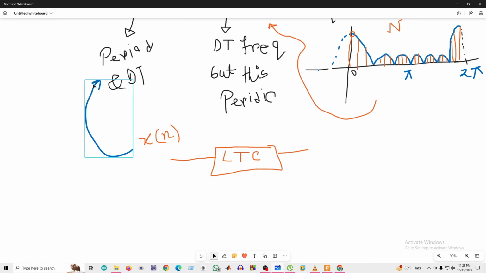Just remember these things. So you have an impulse response or the system response. This is also periodic. Let me denote the periodic situation with a subscript p here. So p means it's periodic, right? So it's simple that you will get an output that is y of n.